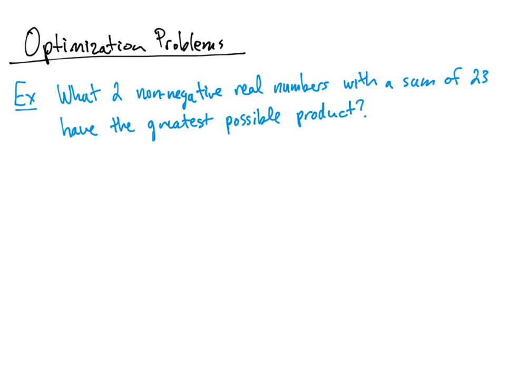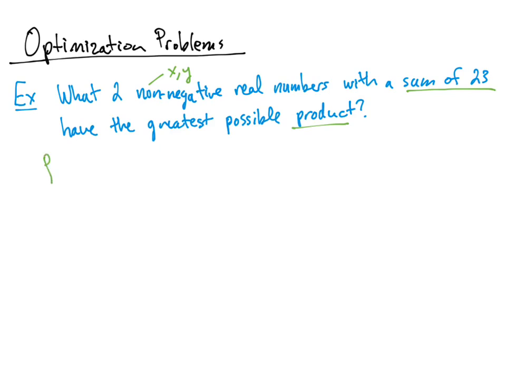Okay, so our first example says, what two non-negative real numbers, so that could be 0 and greater, so 0 and then all the positive real numbers, with a sum of 23, have the greatest possible product. Let's say that our two non-negative real numbers are x and y, and we want to maximize the product.